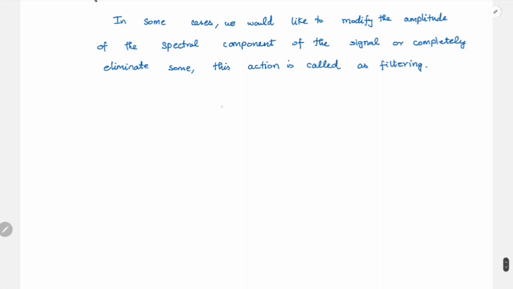So why is this important? You know that your h of e power j omega is going to be periodic with period 2 pi. So we'll consider the region from minus pi to pi.